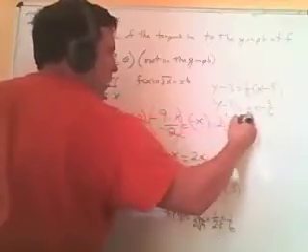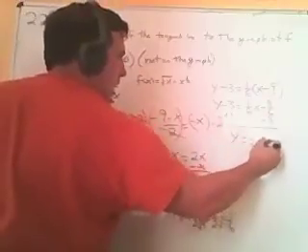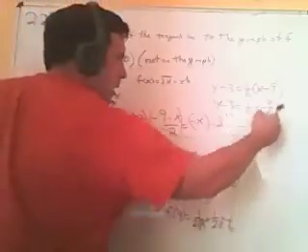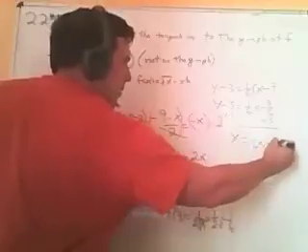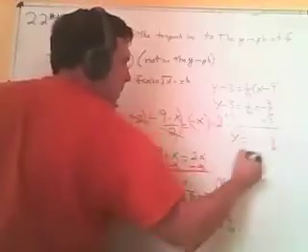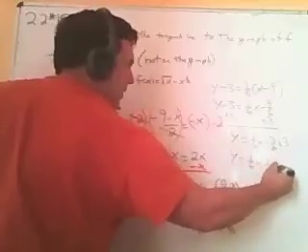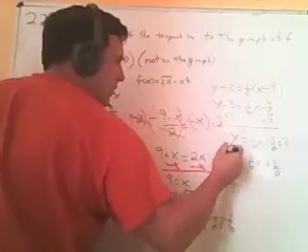We can add 3 to both sides. y equals 1/6 x. 9/6 would be 3 halves. So minus 3 halves plus 3. So y would be 1/6 x plus 3 halves, because negative 3 halves plus 3 is positive 3 halves.